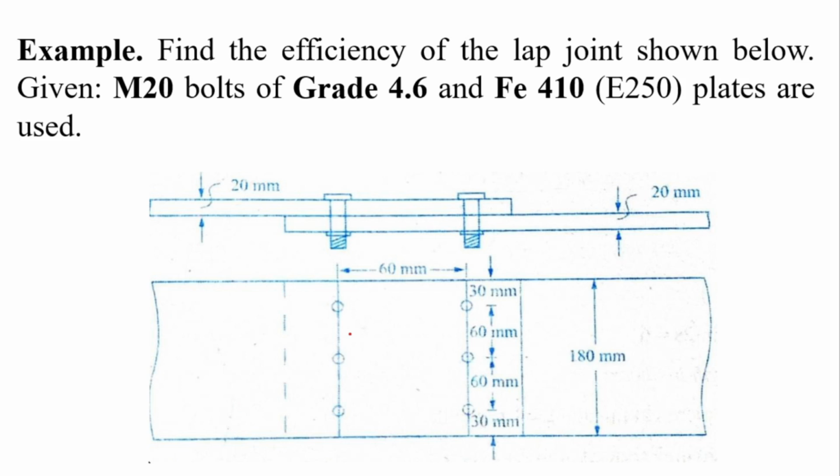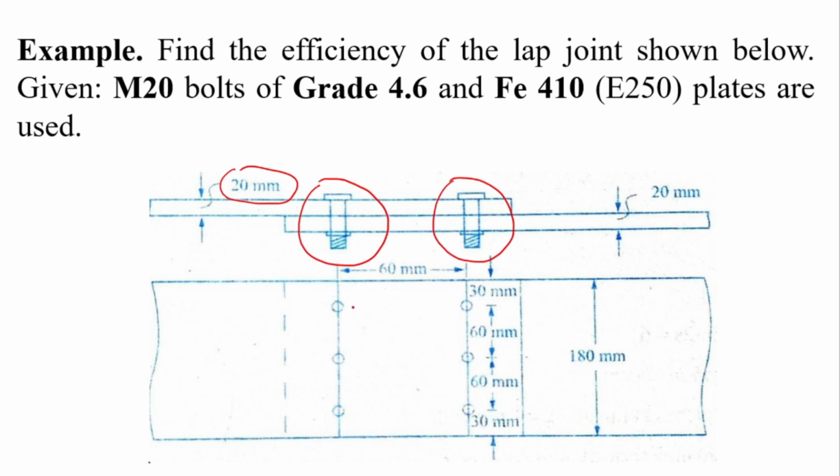Find the efficiency of a lap joint shown below. So in this image the lap joint is shown. Here two plates of 20 mm thickness are connected by lap joints. Here we have used two rows of bolts.